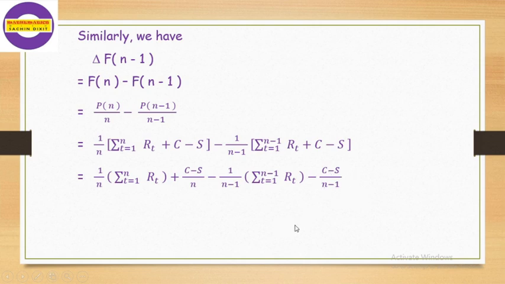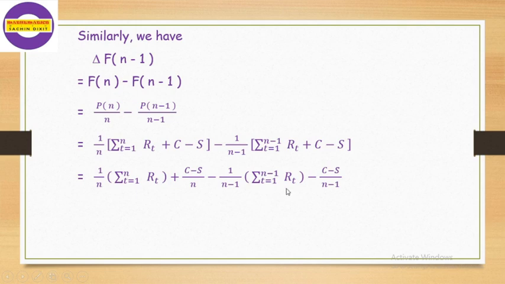Now in the first case there is summation t varies from 1 to n plus 1. Therefore there in that case one term will be more, but here t varies from 1 to n minus 1. So one term here is less.